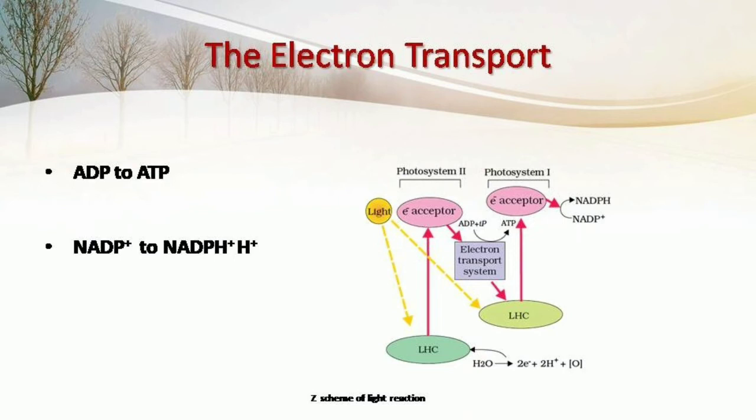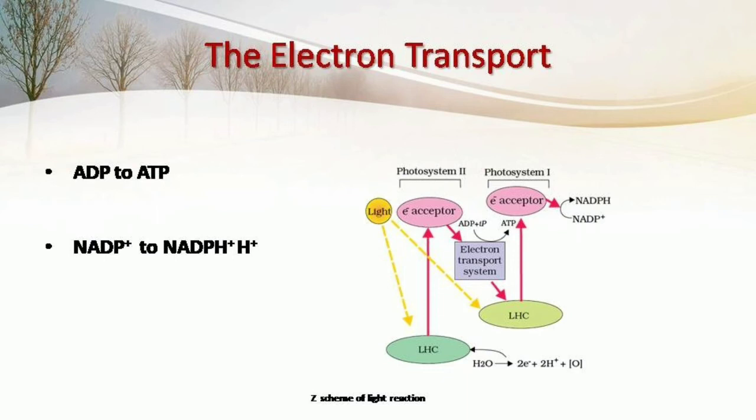As the electrons pass through the electron transport, they are not used up, but they pass on to the pigments of photosystem 1. Simultaneously, in photosystem 1 the electrons also get excited when they receive light of wavelength 700 nanometers, and these are transferred to another acceptor molecule with a greater redox potential.